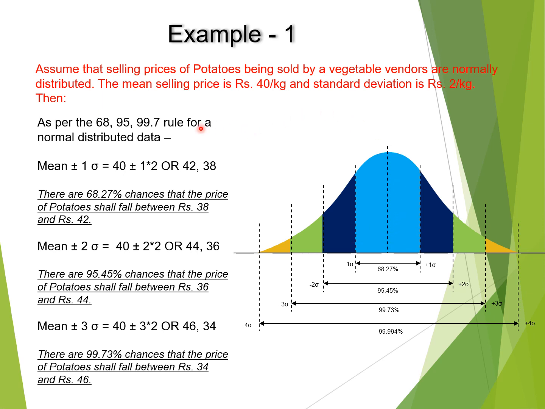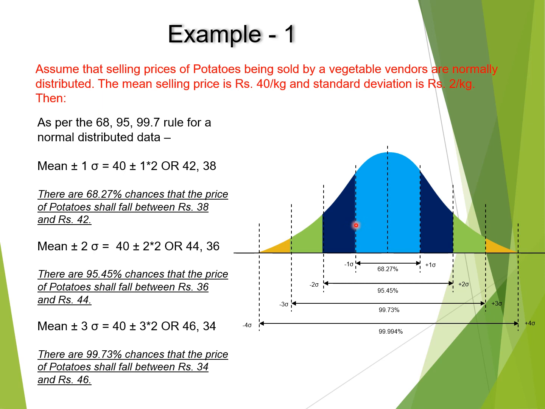Then as per the 68, 95, 99.7 rule for normally distributed data, which this is, mean plus minus 1 sigma: the mean is 40, plus minus 1 into 2, that is 42 and 38.